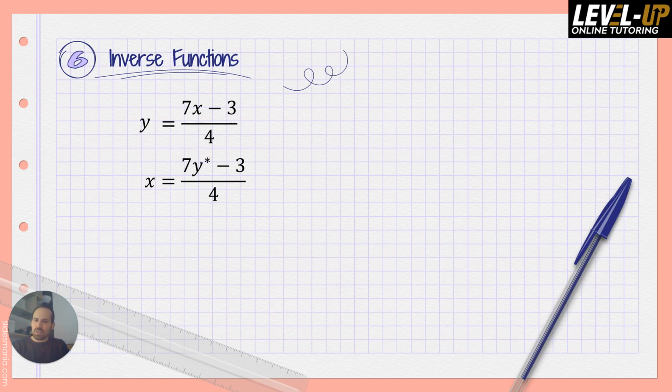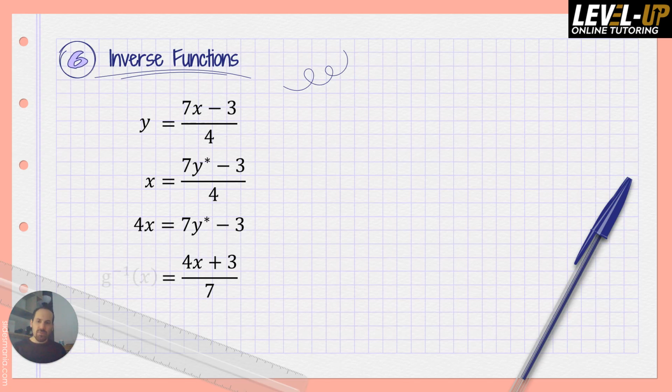We just need to make y the subject now. So we rearrange this in the same way we've done before. We can get y star equals this. The reason I put a star there is because remember y before was representing the output of g of x. But the second we swap the x and the y around, x is always just the input, but y is no longer the output of g of x.